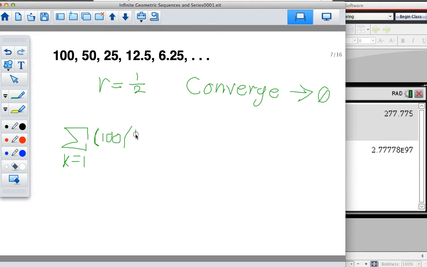And my rate is 1/2, and then in parentheses, that's raised to the K minus 1 power. And that's all in parentheses. In this case, to find the 5th term, this would be a 5. When we wanted to add up all the first 100 terms, I would put 100 up here.